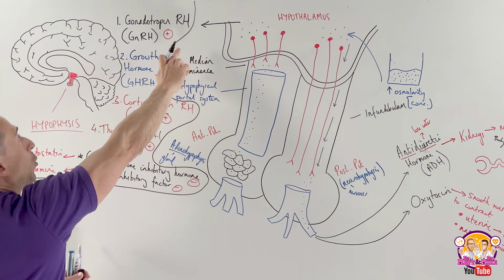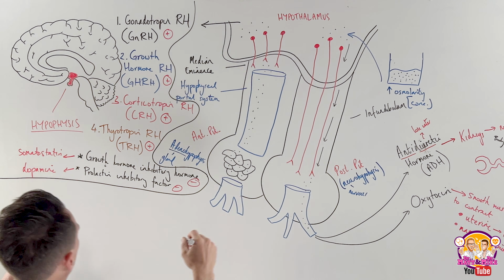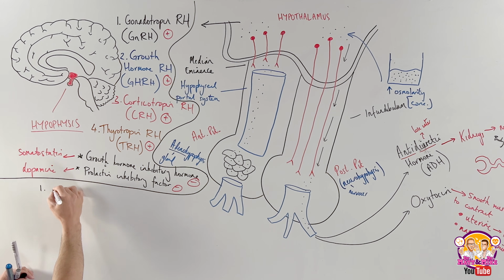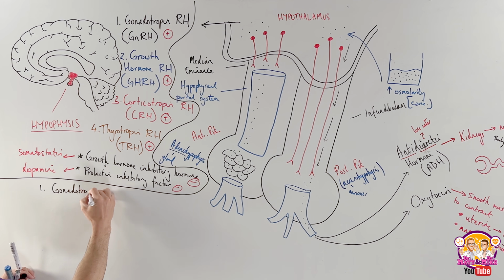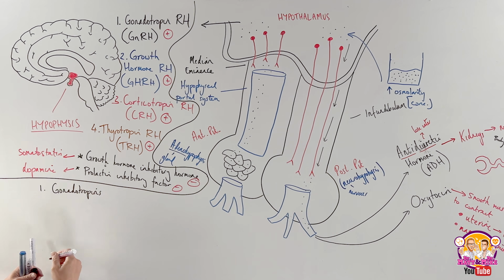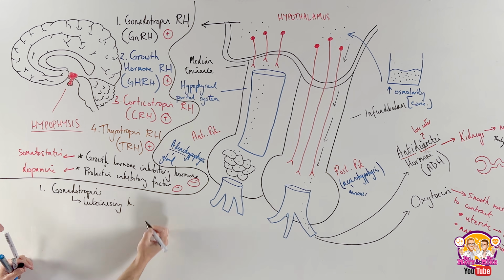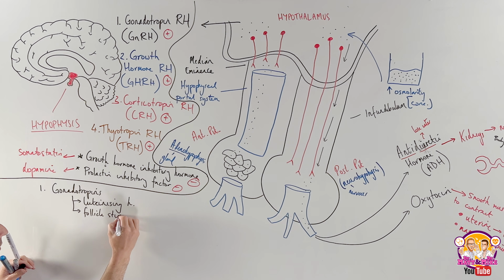All right. So let's do number one, gonadotropin releasing hormone. What is that stimulating the release of? It's going to stimulate the release of what we call the gonadotropins. And there's two gonadotropins. There is what's called luteinizing hormone and follicle stimulating hormone.